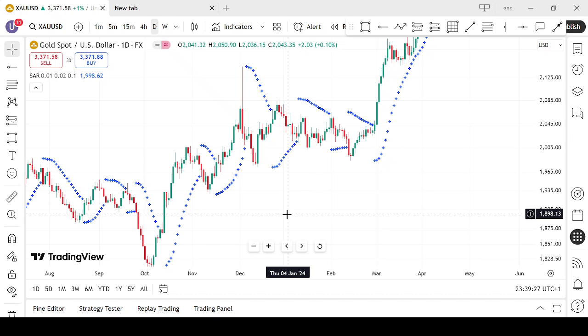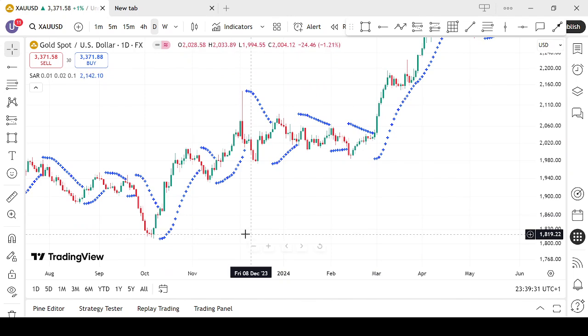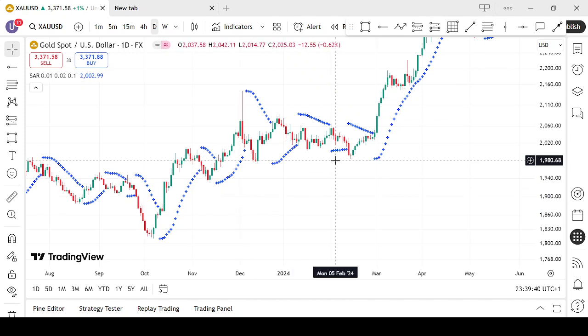For example, when the dots converge towards price, it indicates weakened momentum, and when it flips sides, it suggests a reversal may be on the way.